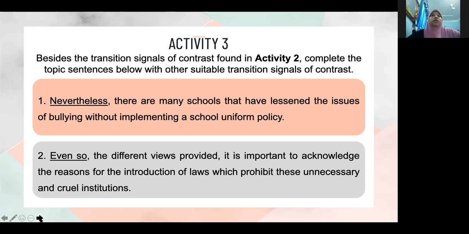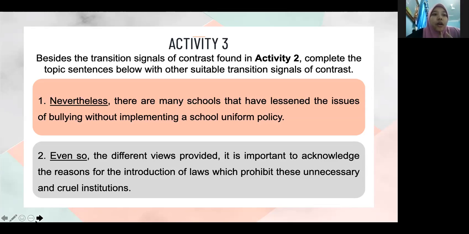Okay. So for activity 3, they ask us to write the transition signal of contrast. So in activity 2, we can see there are two transition signal which are nevertheless and however. So in this activity 3, we can use the transition signal in previous activity. So let's see.